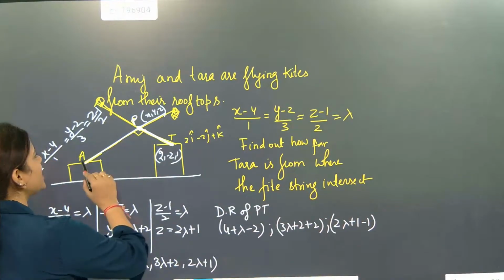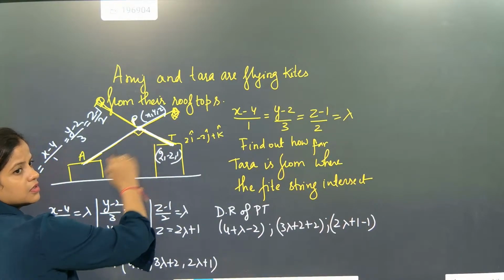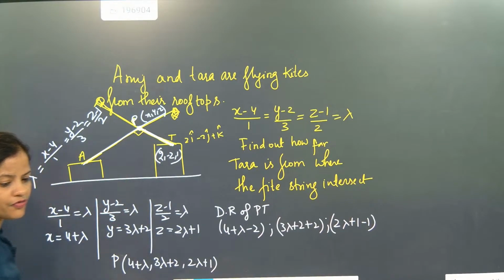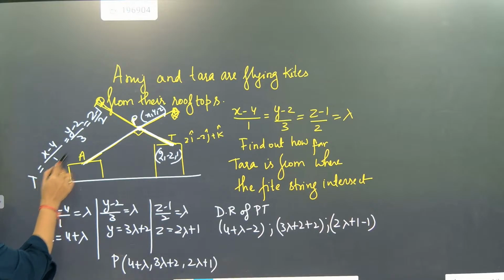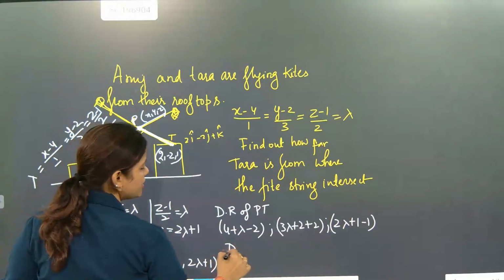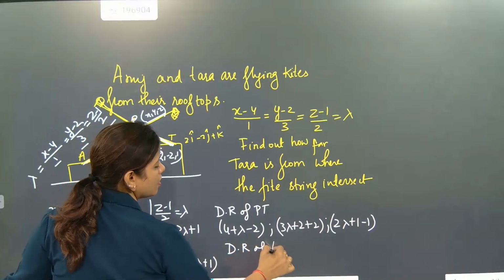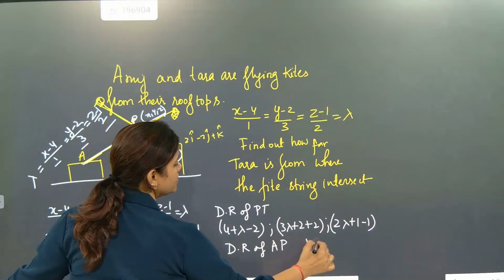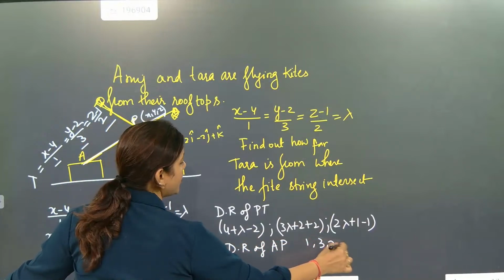Now beta, what is the direction ratio of AP? Who will say? 1, 3 and 2. Correct? So the direction ratio of AP is 1, 3 and 2.